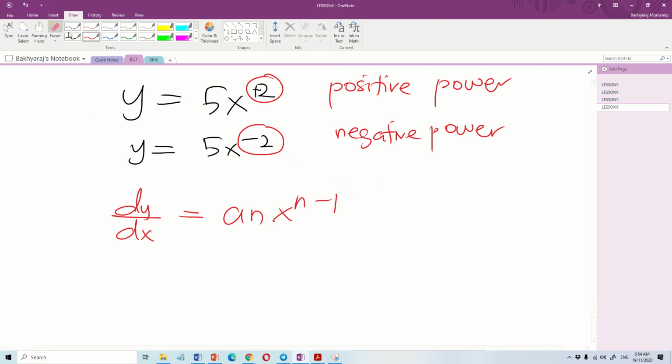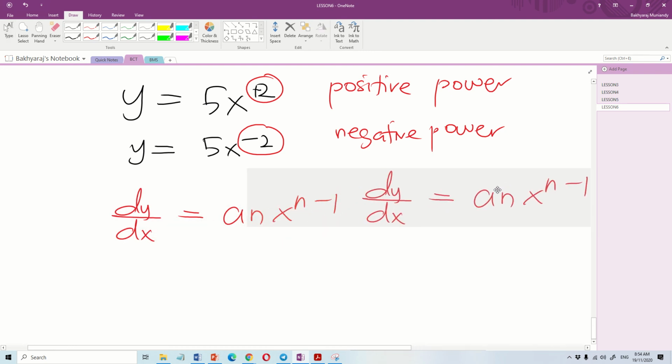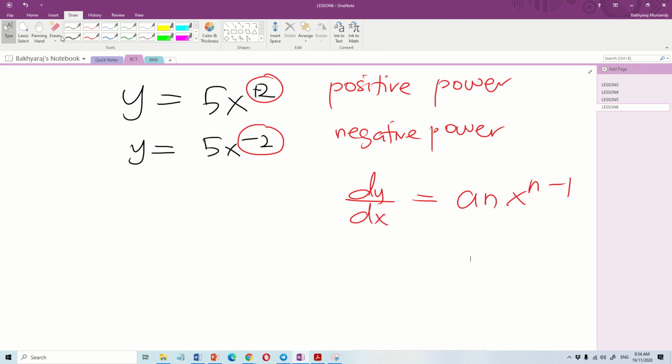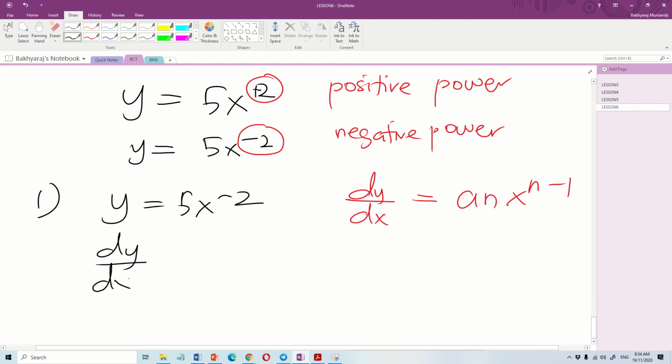So again, I take this question. We look at this question again. I put this aside, and we try to solve this one. So dy dx. Question 1: y equals 5x to the power of negative 2. So what will dy dx be? Again, you must know what a is, then your n is this negative 2.